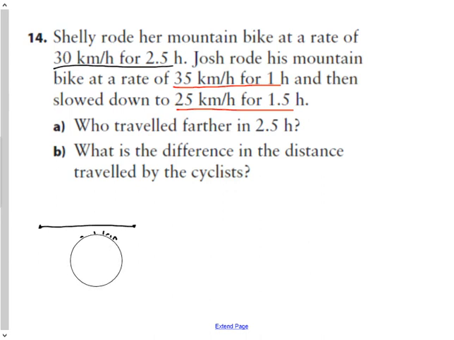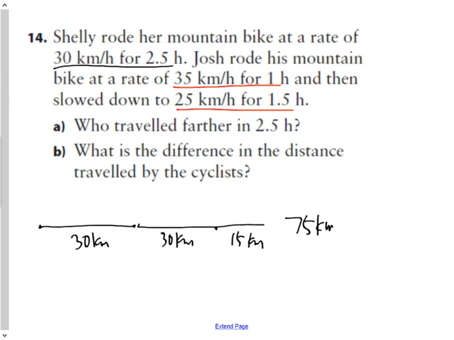Sorry, I'm mad. Oops. 30 kilometers in the first hour. In the second hour, she would have gone another 30 kilometers. And in the half hour, since she went 30 kilometers an hour, she would go another 15 kilometers in that 2.5 hours. So therefore, she would have traveled a total distance of 75 kilometers in 2.5 hours.